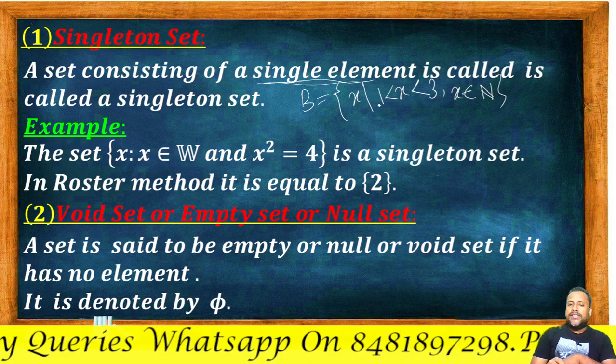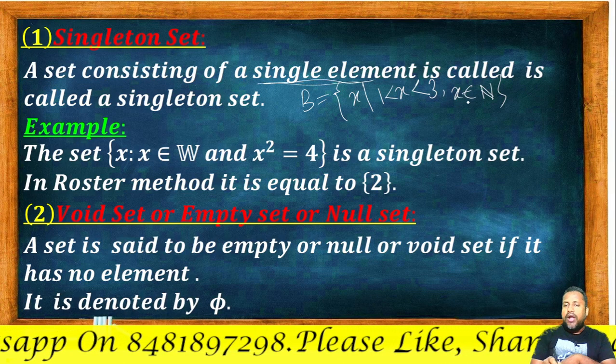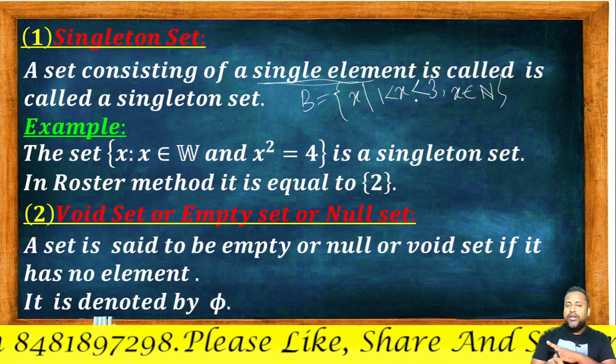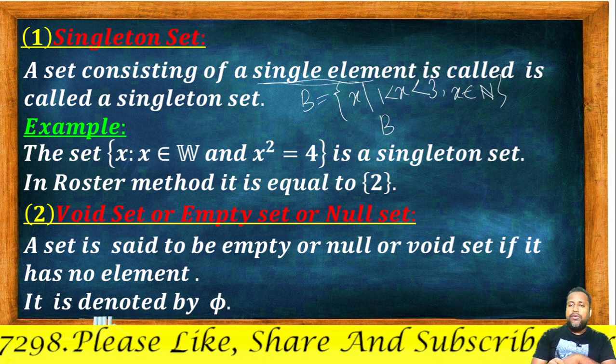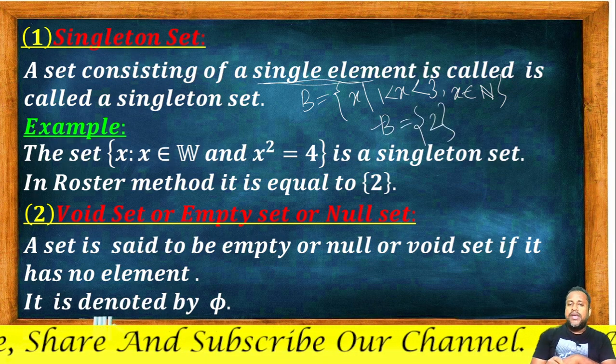Since between 1 and 3 there is only one natural number, which is 2, B will be {2}, so B is a singleton set.